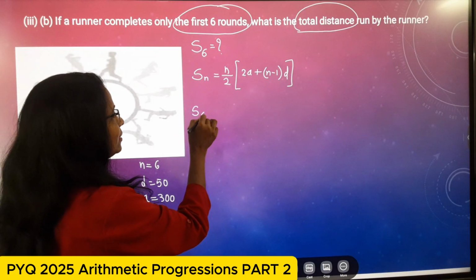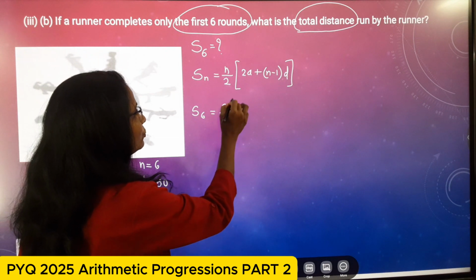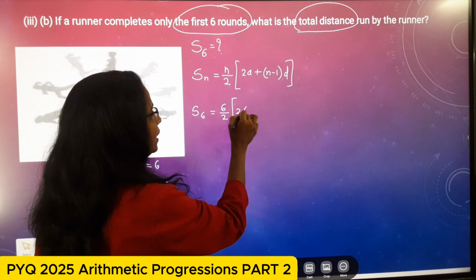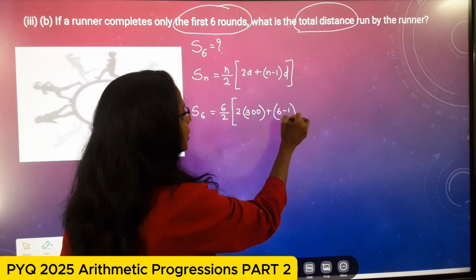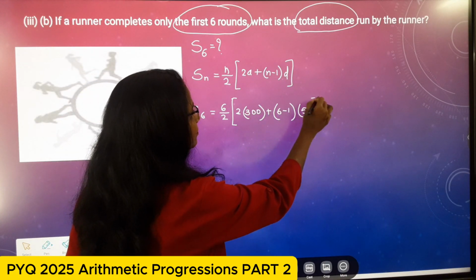So S6 is equal to 6 upon 2 in the bracket 2 multiply 300 plus 6 minus 1 times 50.